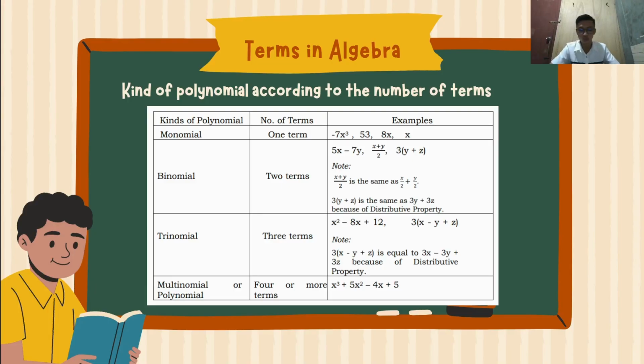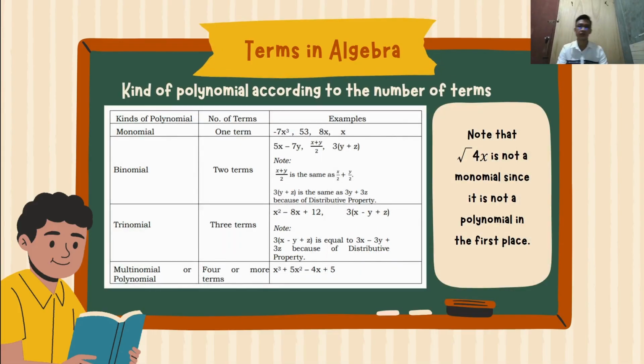Again, note 3 times x minus y plus z is equal to 3x minus 3y plus 3z because of the distributive property. The last one is the multinomial or polynomial, 4 or more terms. x cubed plus 5x squared minus 4x plus 5. That is an example of a multinomial.